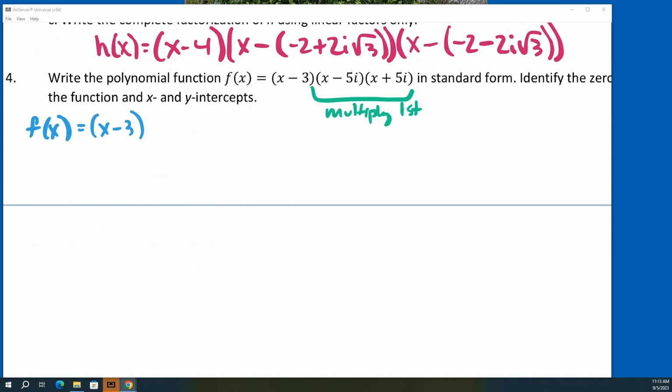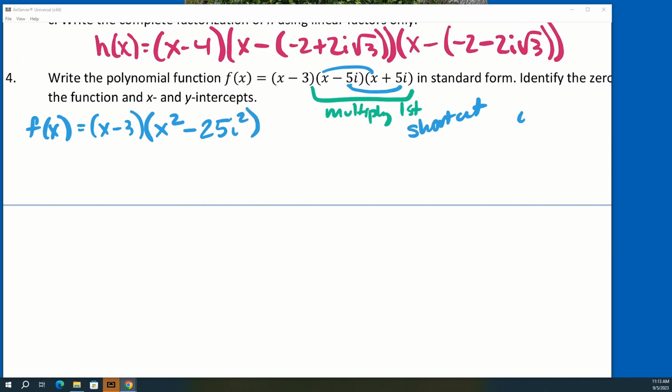So what I tell my students to do is shortcut FOIL or shortcut double distributive, where when they are the same terms, just a different sign in between, you can just do the first and the last. Now, if you do it all, it is okay. It is not going to be wrong, but we can do the shortcut, where we're just going to do x times x, and then negative 5i times positive 5i is going to give us negative 25i squared.